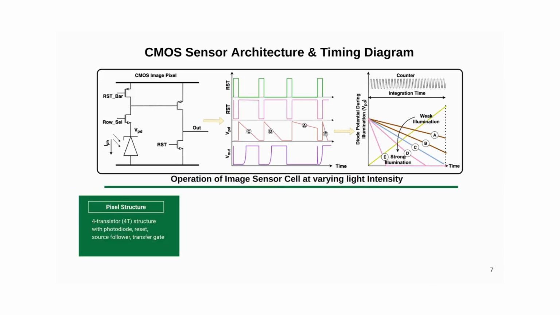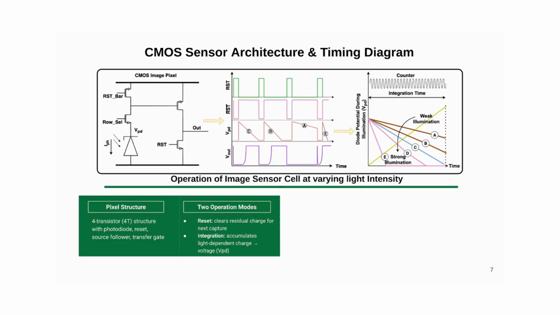Each pixel is a standard 4 transistor CMOS pixel. It undergoes two main phases, reset and integration. During reset, the residual charge is cleared from the node capacitors, which are often parasitic, preparing the pixel for the next capture. During integration, the photodiode discharges based on the incoming light. This voltage is then converted into a pulse width modulated signal.